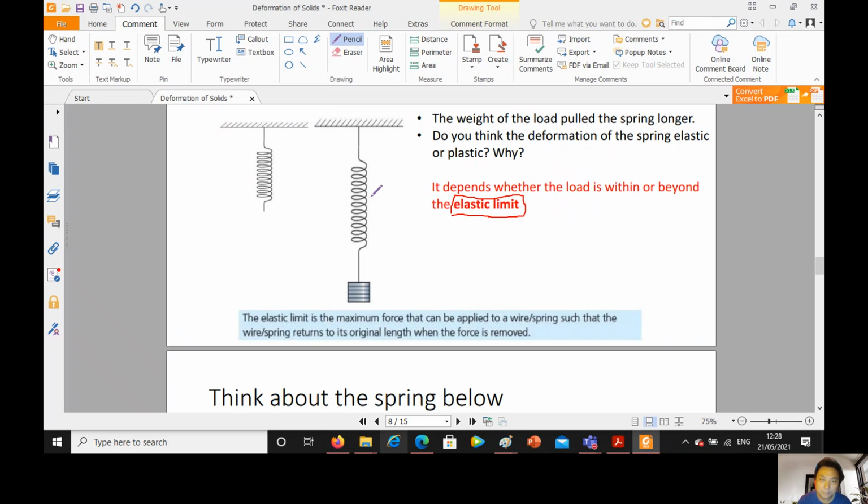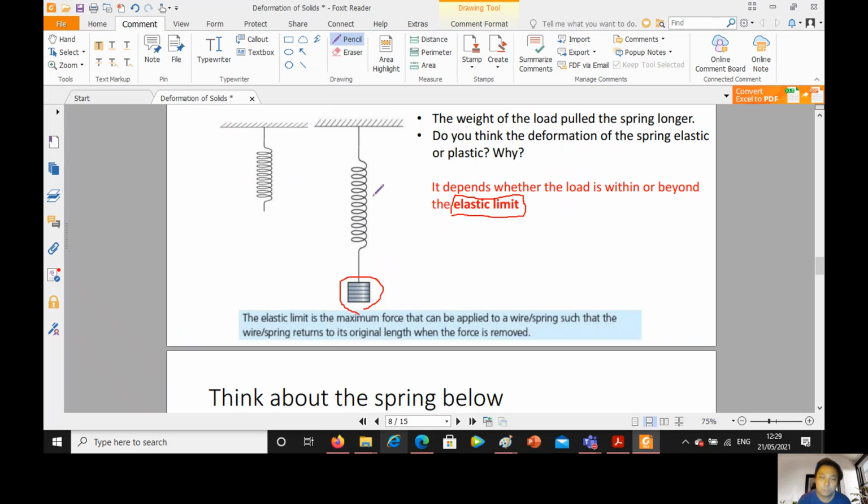For example, if the load is not that heavy, it only slightly stretches the spring, and after removing the load, the spring goes back to its original size, so the deformation of the spring is elastic. However, if the weight of the load is too heavy and goes beyond that elastic limit, the spring is overstretched.